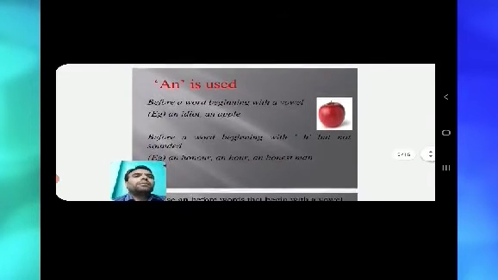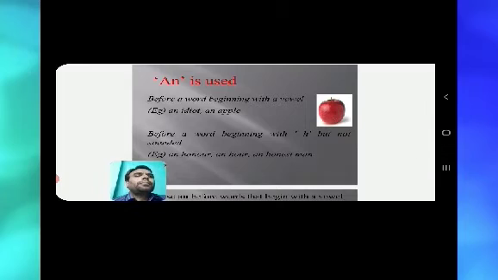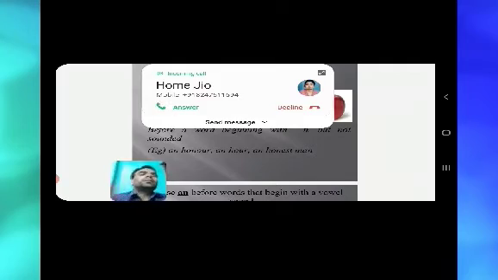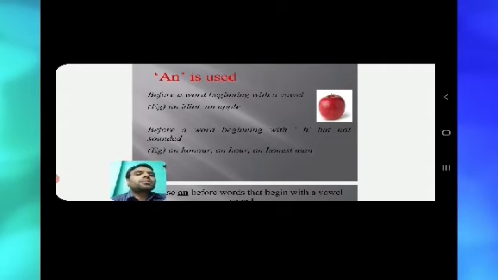And before a word beginning with h but not sounded. H is not a vowel, but sometimes we use an before it. Why? Because in that particular word the h becomes silent.